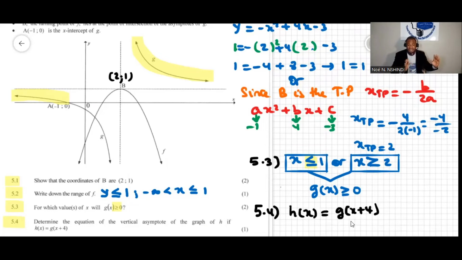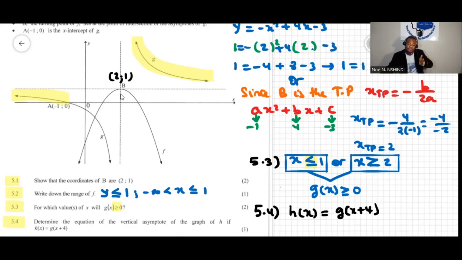Okay, maybe my left seems to be right for you who are watching me now. Don't laugh, but it is so. So it's moving to the left. Meaning over here we have like 2. The vertical asymptote is here by 2.